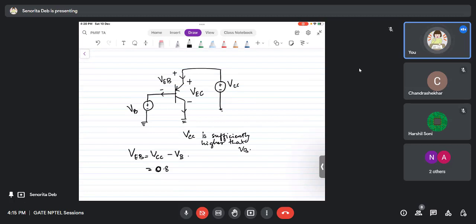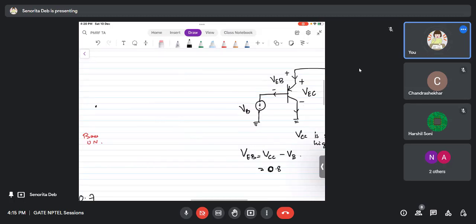Okay, you can check it. And in these cases you only have to apply KVL equations and find out the voltages, and the corresponding conditions will give you the region of operation of the BJT.